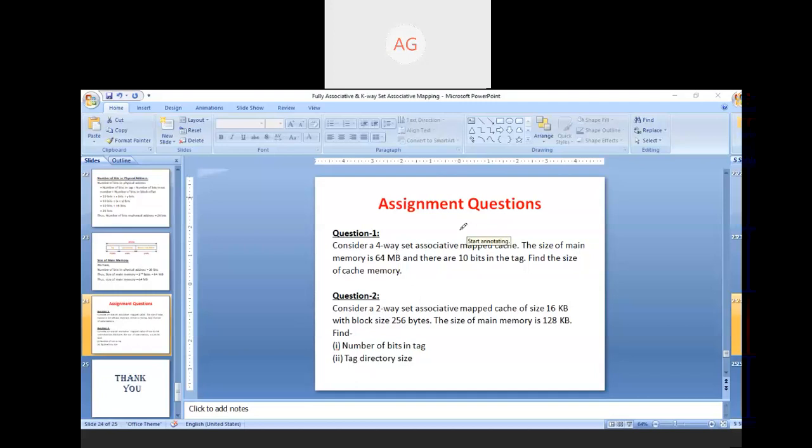You need to solve these assignment questions by next Wednesday, because our next class will be held next week on Wednesday, as Saturday is a holiday.